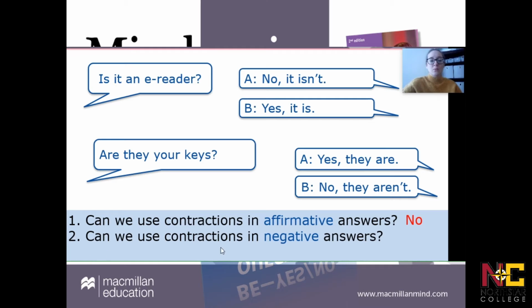Number 2, can we use contractions in negative answers? Yes. So, no, it isn't. No, they aren't. You see the contractions isn't and aren't. You can do that when it's a negative answer. It makes sense. You cannot do that when it is an affirmative answer.